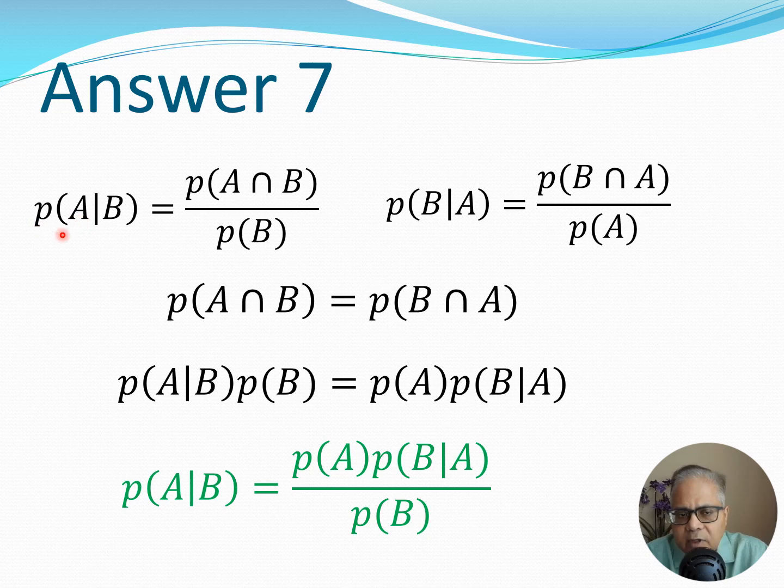So I can write P(A|B) into P(B), that is this equation, is equal to P(A) into P(B|A). And from this equation, I can immediately rewrite to get P(A|B) in this form here, which is the Bayes theorem or the Bayes formula, which is very important in data science, probability, and even machine learning.